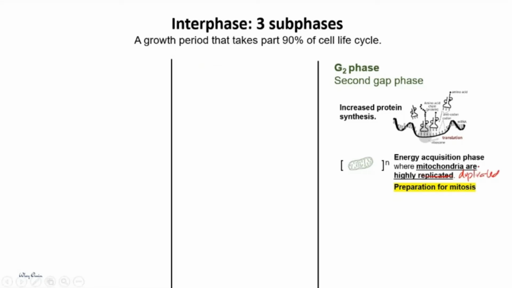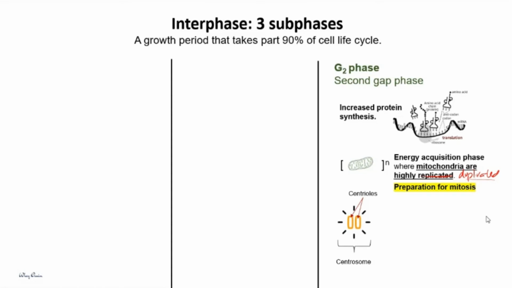Kalau organelles atau structure ya, kita gunakan istilah duplicated. Dia membuat salinan. Okay. Tetapi kalau dia molekul macam DNA, kalau dia buat salinan, kita guna istilah replication. Okay. So this is the usage of the terms. Even though both bring the same meaning, dua-duanya membawa maksud sama iaitu membuat salinan.